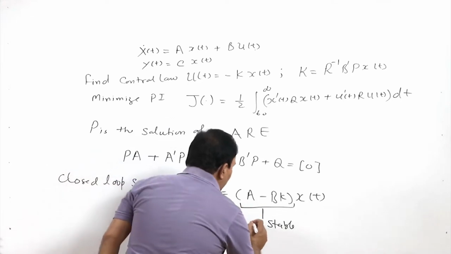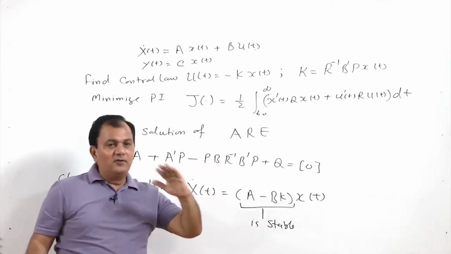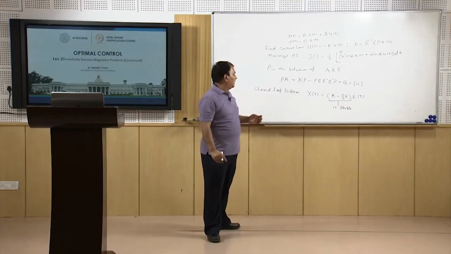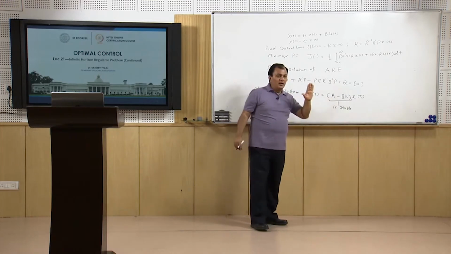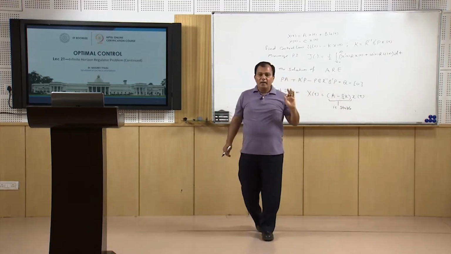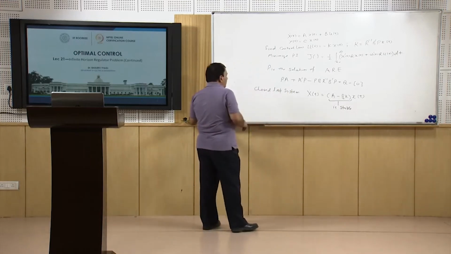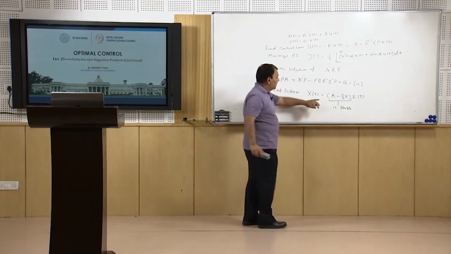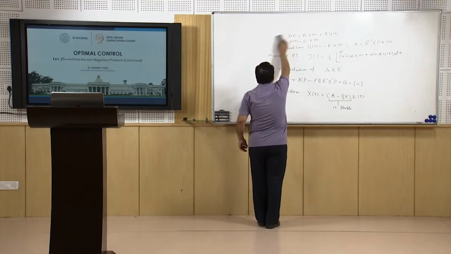A minus BK is stable means all eigenvalues of A minus BK lie in the left half of the s plane, or all eigenvalues have a negative real part. Today we will prove using the Lyapunov theorem that A minus BK is stable.